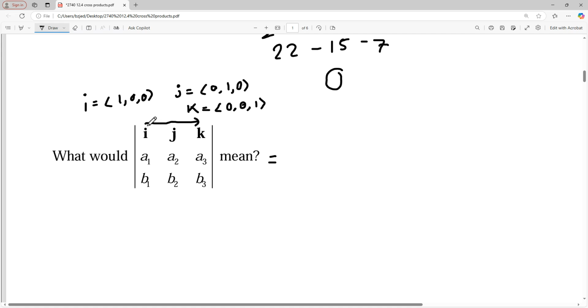For what we're about to do, I really want to do this first row. I would get i times the determinant of what's left, A2, A3, B2, B3.